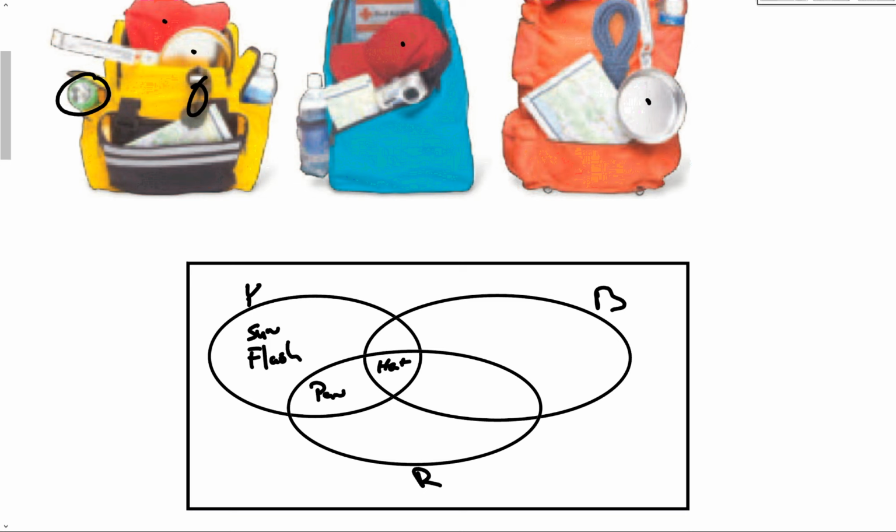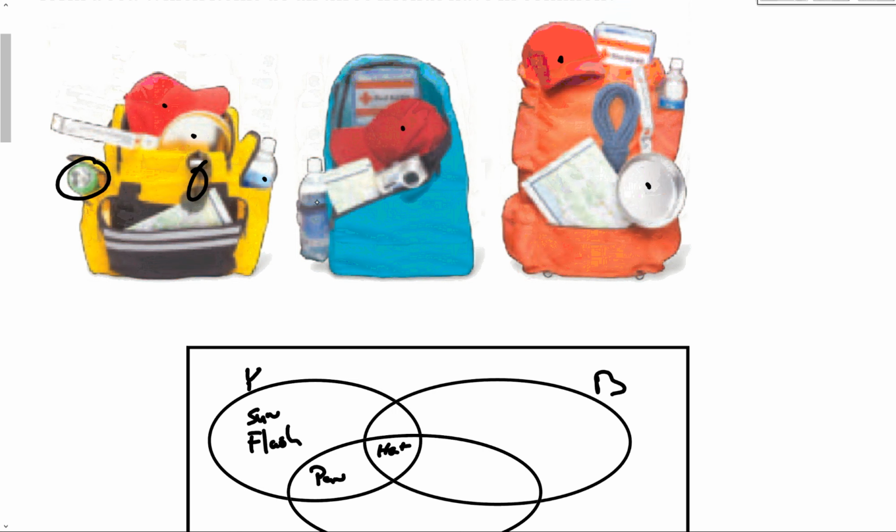What else do they all have? Oh, look. They all have a bottle of water. Might not have made this big enough, but we'll get the idea here. They all have a map. Okay, so that goes in there as well. And what else are we missing?